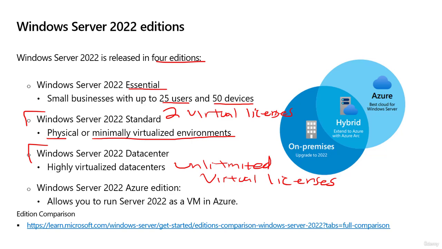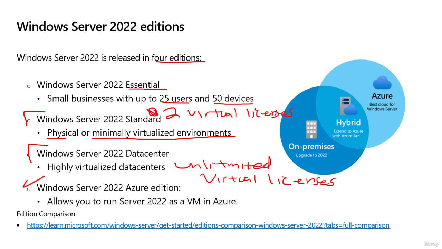If you make the host a physical server, then you have 1 virtual license remaining. So that 2 virtual licenses, the caveat is the host operating system does nothing other than host virtual machines. If it does anything beyond that, then you have 1 virtual license. So there's a little caveat whenever you see that 2 virtual licenses referenced.